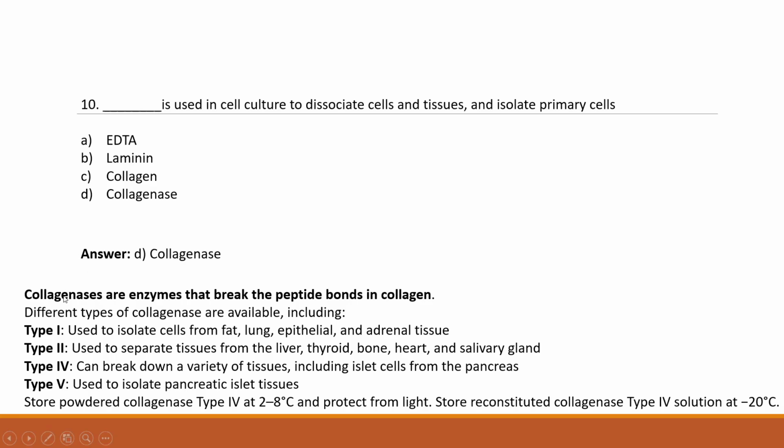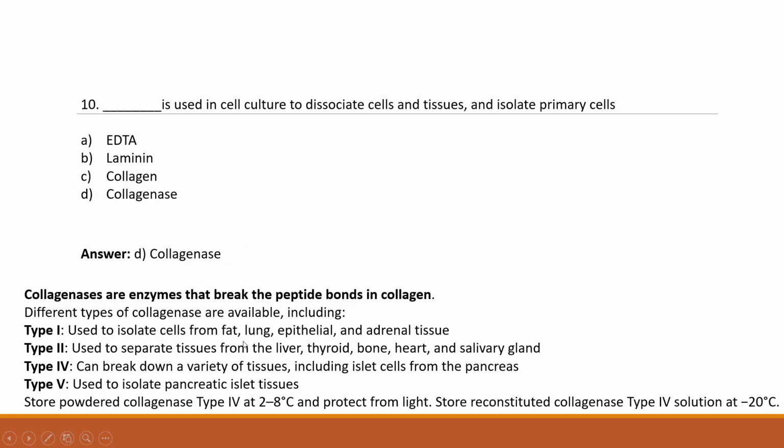Collagenases are enzymes that break the peptide bonds in collagen. Different types of collagenase are available, including type 1, type 2, type 4, and type 5, and they are used for different tissues.